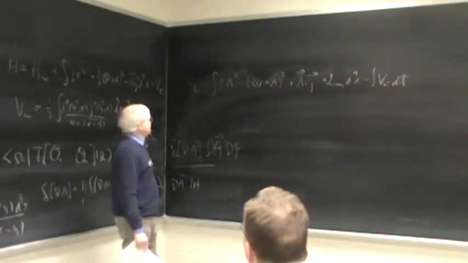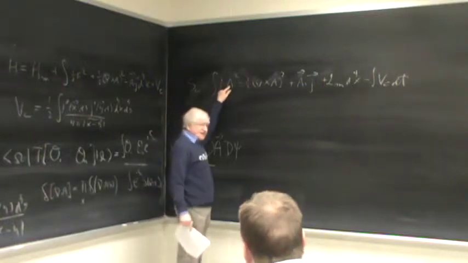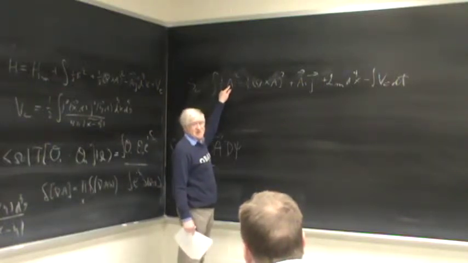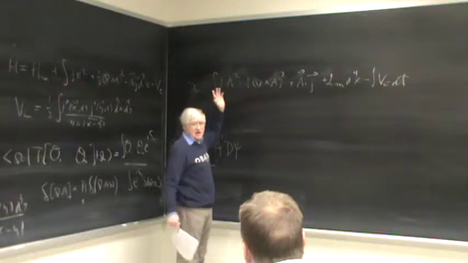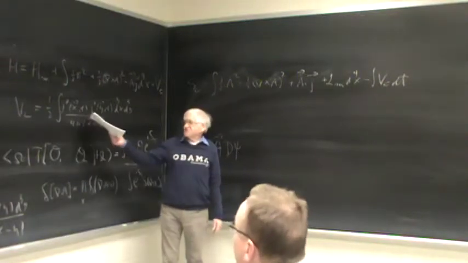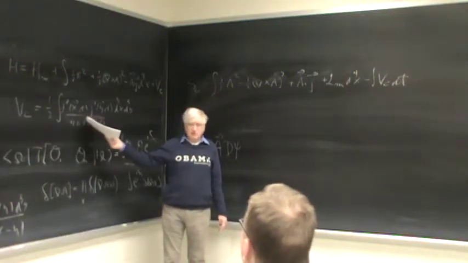Now, let me just notice something. How come E squared turned into just A dot squared? Well, the other part of E is the gradient of A0, and A0 is gone. We solved for it and put in the Coulomb term.